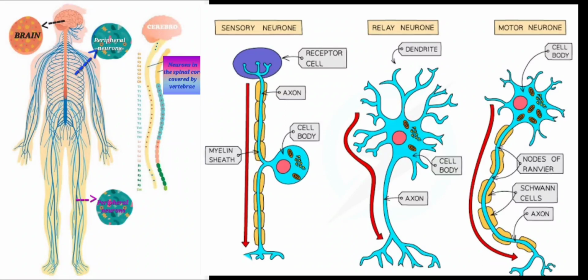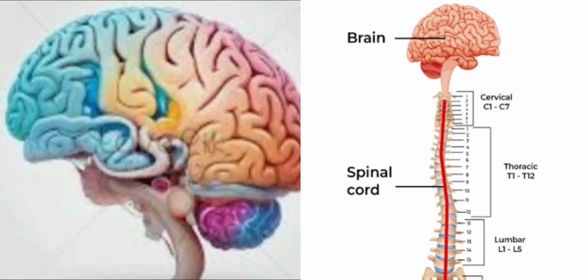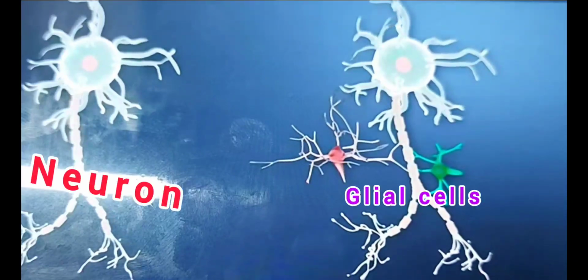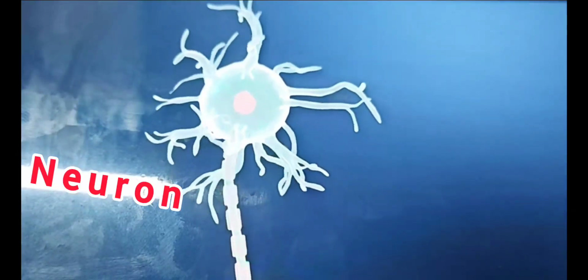The nervous tissue comprises the main kind of cells called the neuron. Neurons are electrically excitable cells that fire electrical signals called action potentials. There are two types of cells in the nervous tissue or the neural tissue.